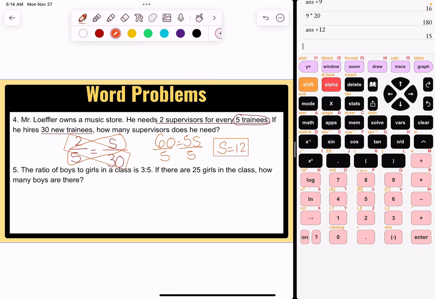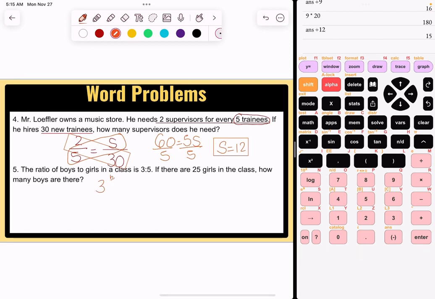Good. Let's look at the next one. The ratio of boys to girls in a class is 3 to 5. So this means 3 boys to every 5 girls. I just put the units here because I want to remember. Equals. If there are 25 girls in the class, girls are at the bottom of my fraction, so I'm going to put the 25 there. How many boys?